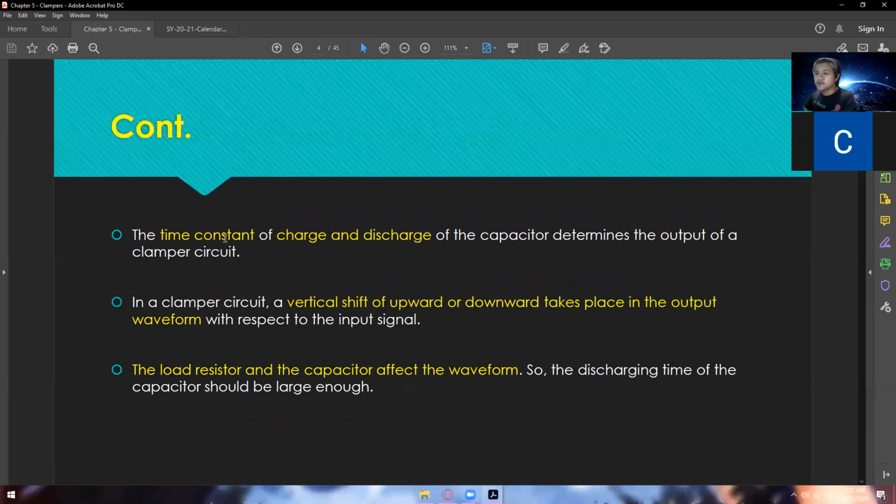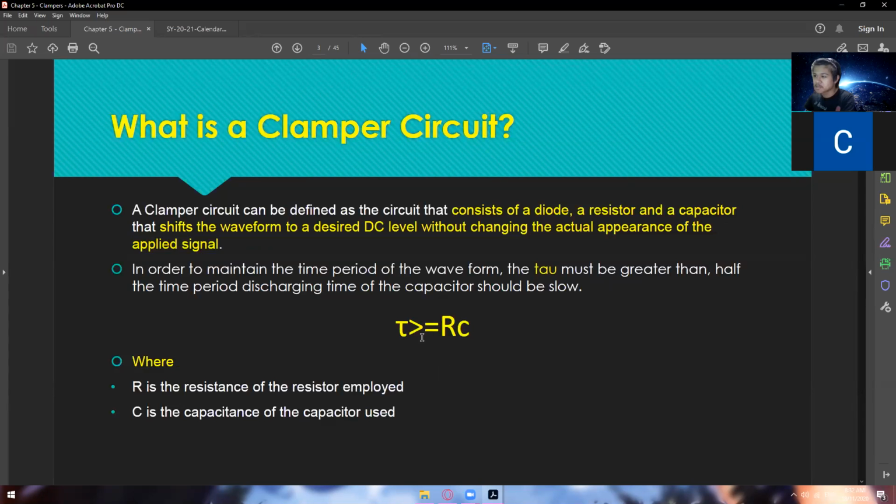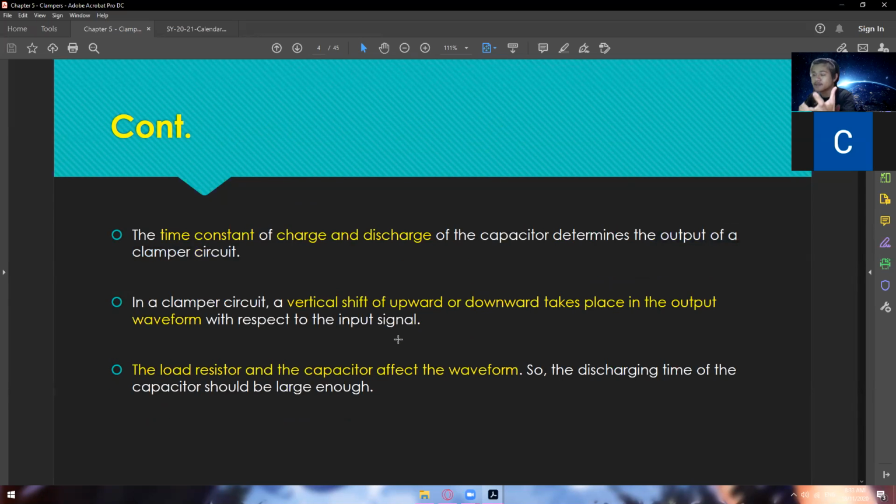All right, so the time constant of charge and discharge of the capacitor determines the output of the clamper circuit. Okay, so if we have, let's see, a lesser charging time and then a faster discharging time, then it won't be able to work as a clamper.